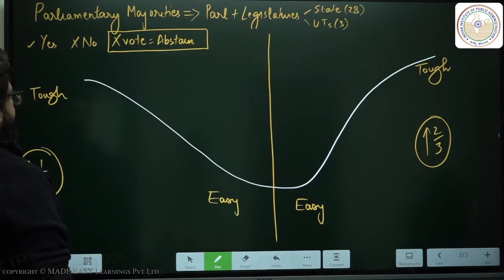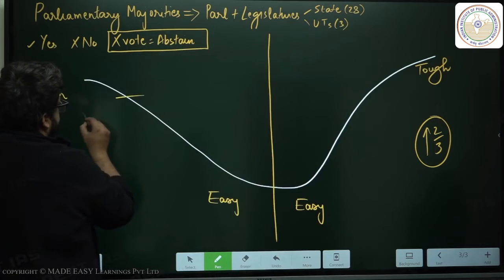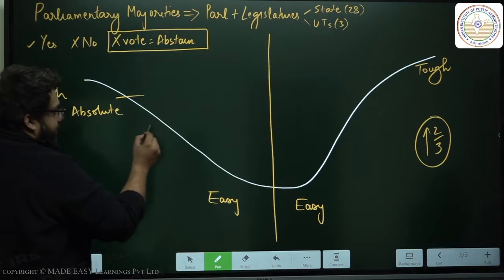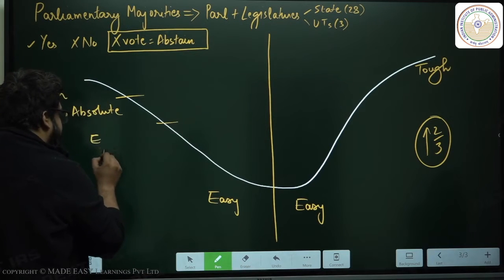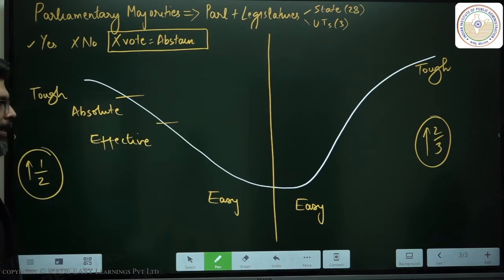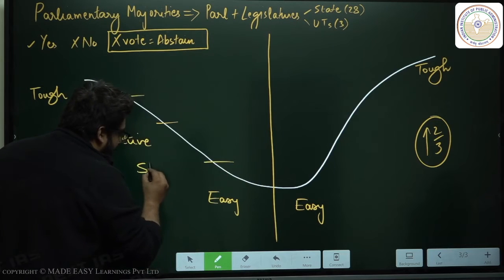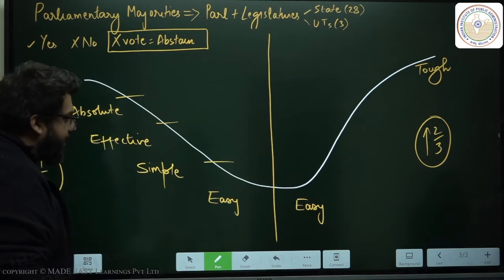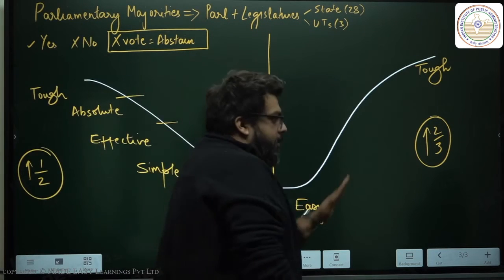So what is going to happen is you are going to see something called absolute majority. We'll discuss each of these. Then you are going to see effective majority, and after effective majority, you are then going to see simple majority. All of them are going to use more than half of a figure. From simple majority, again we go up.